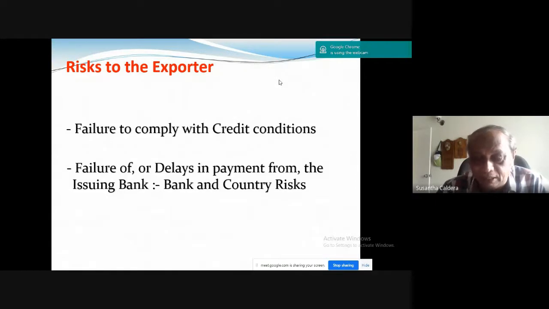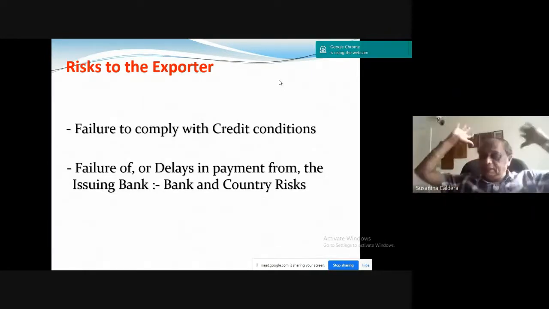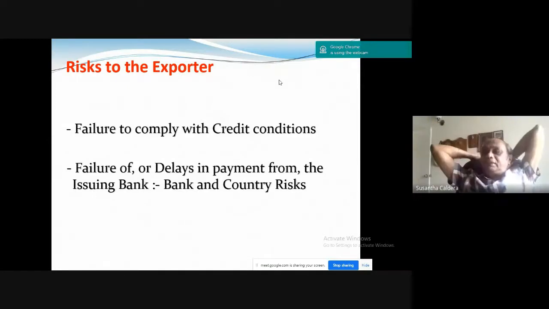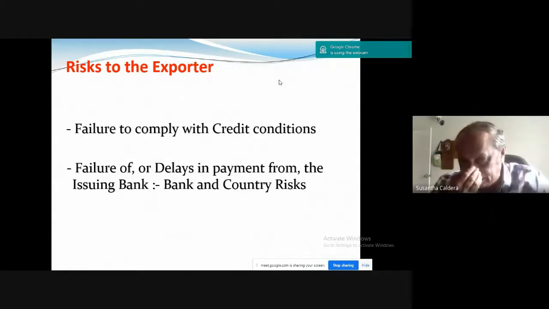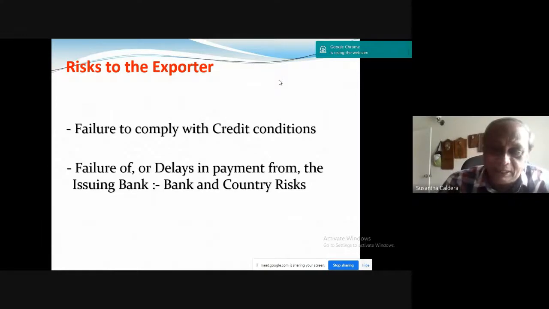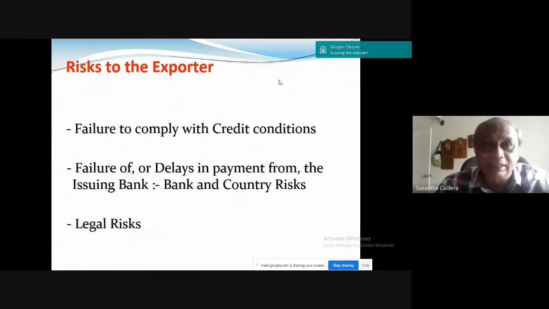Exporters who ship goods to Sri Lanka from China, India, Dubai are suffering because of delays in payment from the issuing bank, right? Because of bank risk, country risk and legal risk.